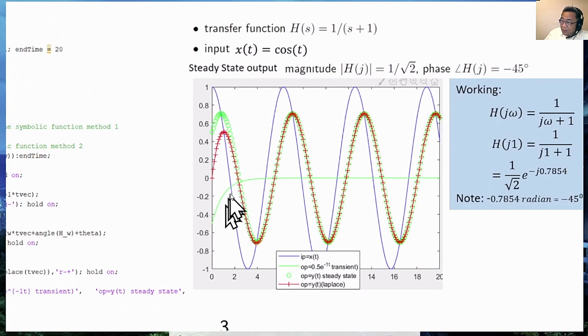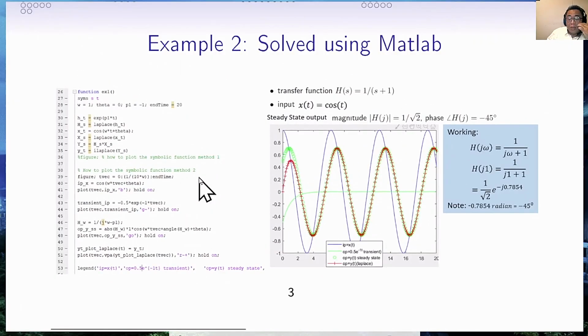The transient dies in about maybe 5 seconds. So now you appreciate that we have a transient as we are sending a cosine into a system. Why does a transient occur? Like the inertia of the system, it takes some time to warm up and become steady state.